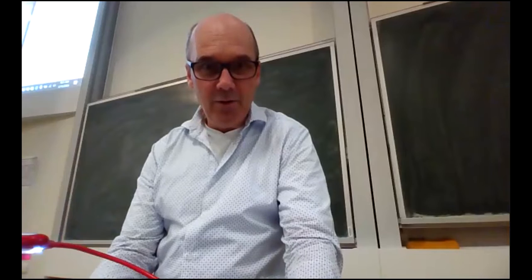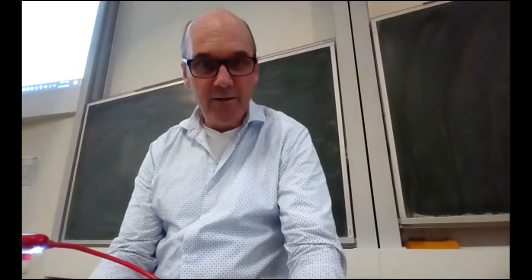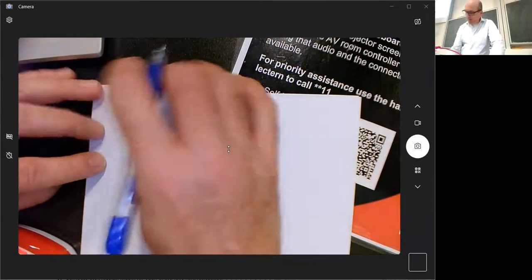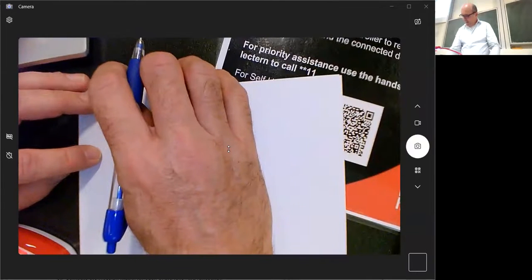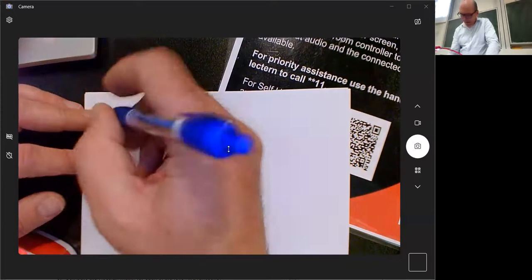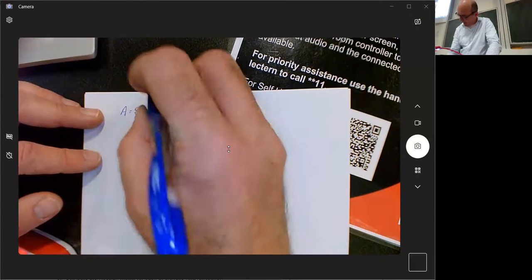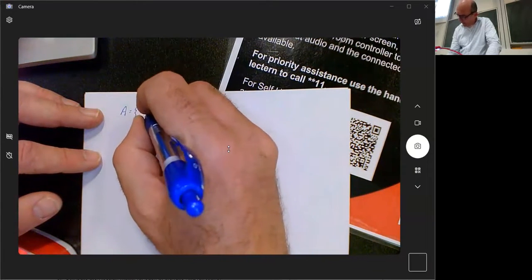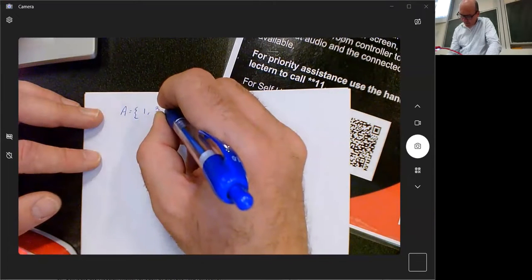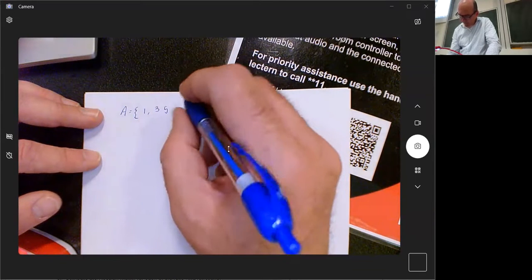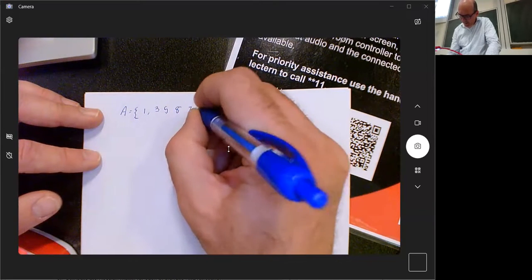To do this, it will be back to sharing the document camera. It is actually easier to get someone else to do the creative work of making up a set. So we have A, which is 1, 3, 5, 8, 7, and 2.